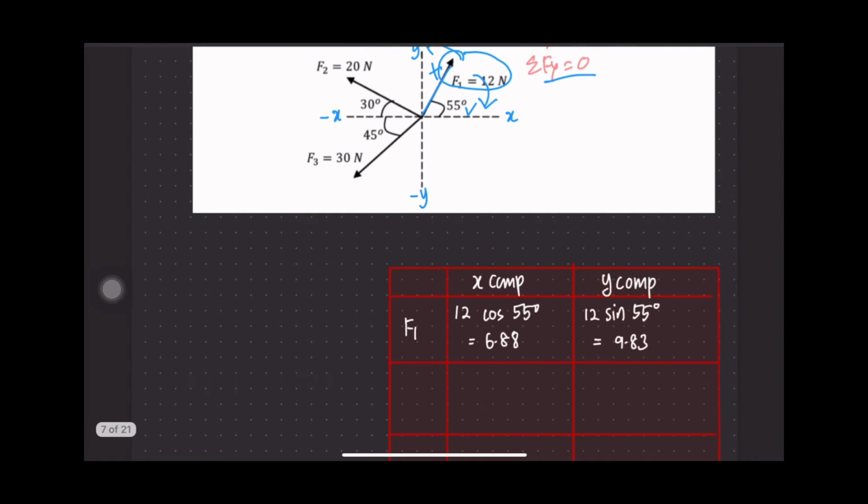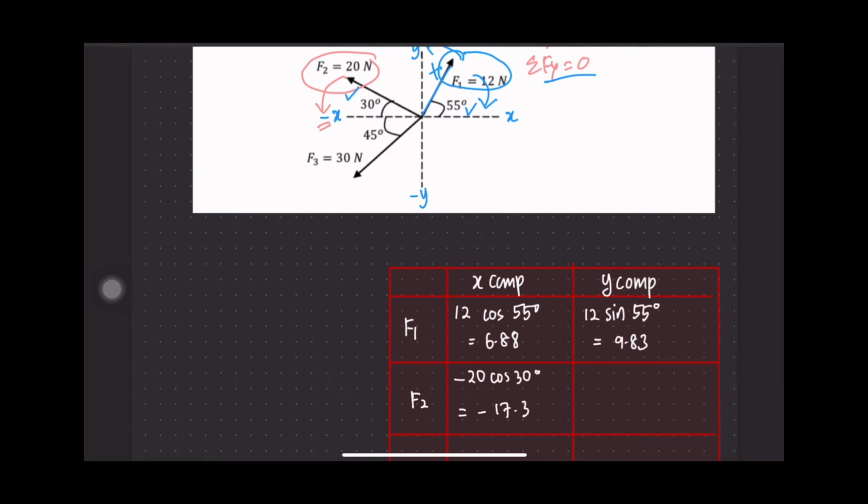Okay, next is F2. Okay, F2, 20 Newton go to component X, negative. Okay, then ada angle tak? Yes, 30 degree. Okay, so it become 20 cos 30. So equal to negative 17.3.